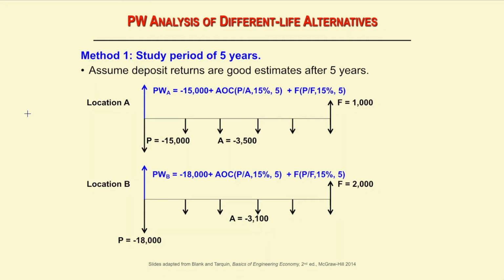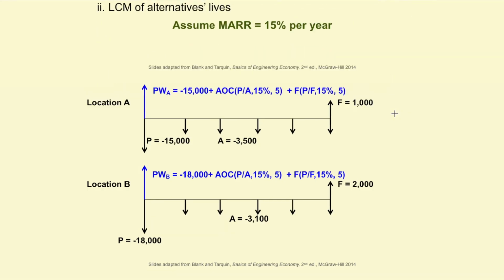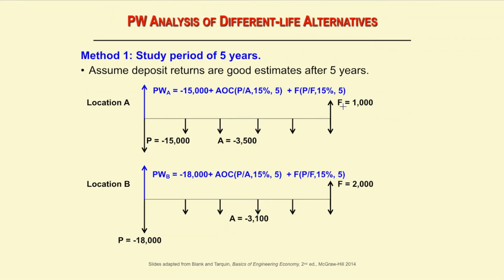So in the first method, we fix the lifetime for both alternatives to 5 years because the study period of our analysis is 5 years. In addition, we assume that the deposits are still returned after 5 years. So the deposit return for location A is 1,000 and for location B is 2,000, and these are returned after 5 years.